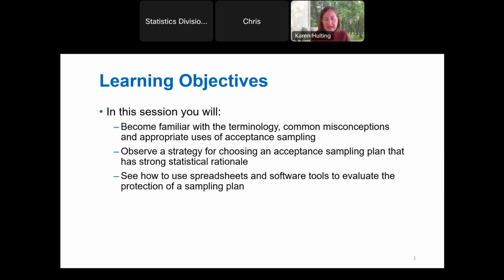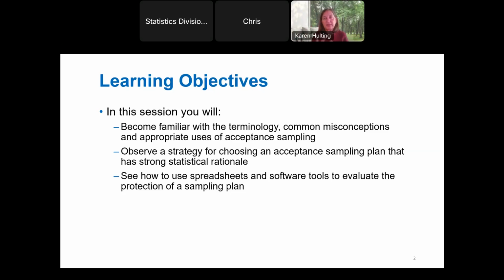I worked for Medtronic. In those kinds of industries that have some risk, we end up needing to use acceptance sampling. And of all the tools that we use, it's the one that has the most misconceptions that make it difficult to use. So hopefully we'll talk about some of those things that we think are true that aren't actually true, and then what is really true about it and how to use it well.